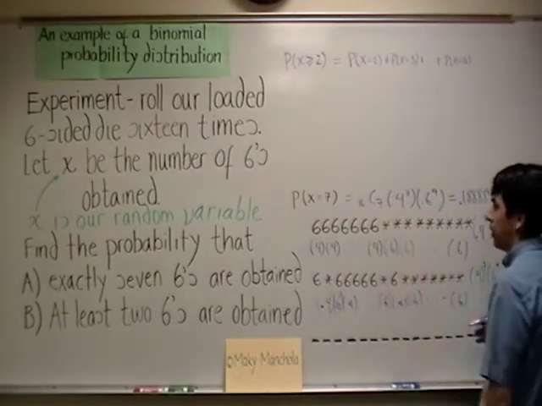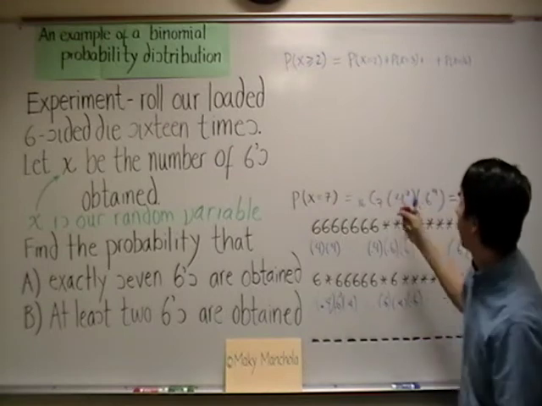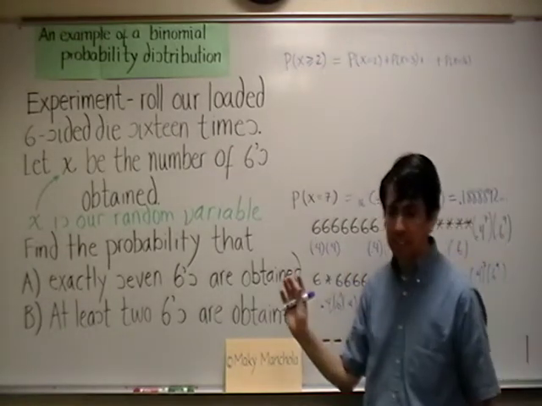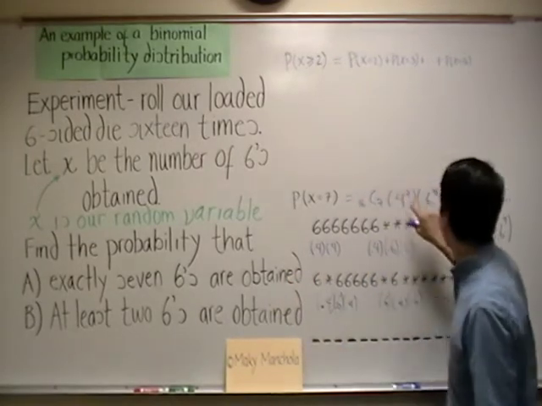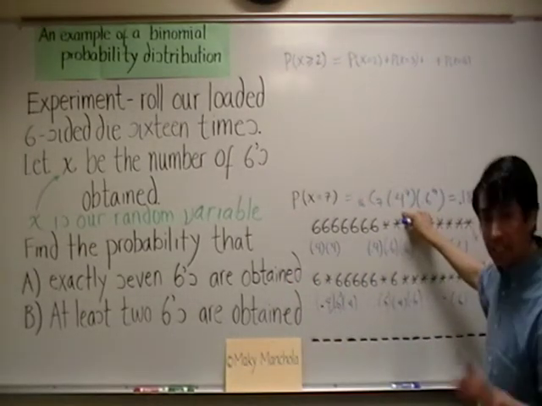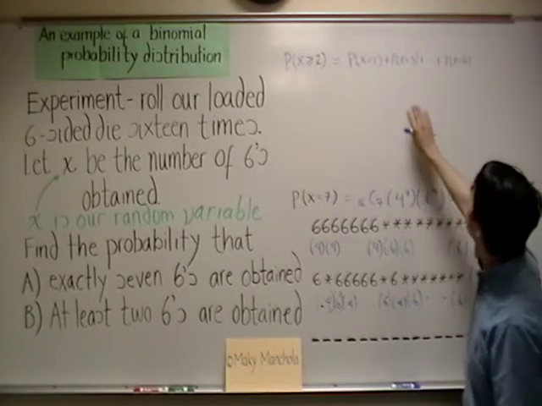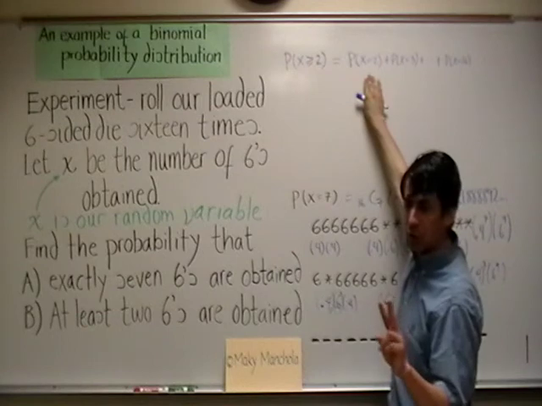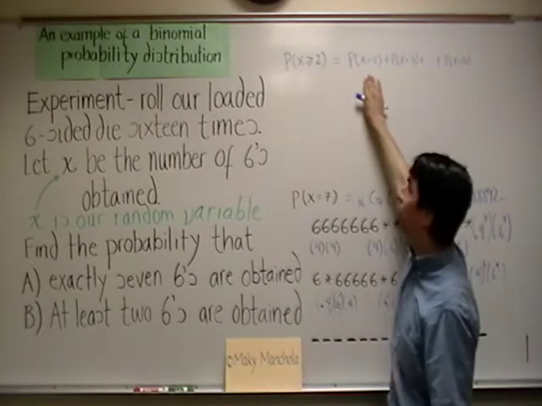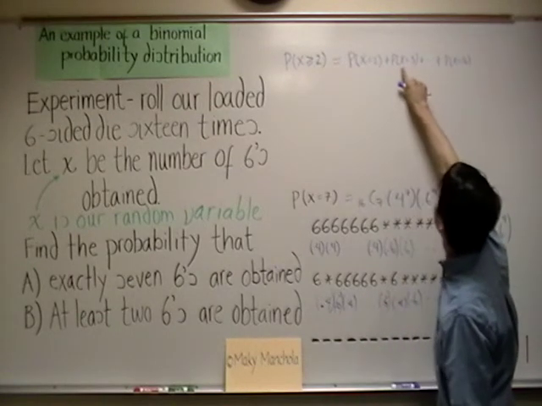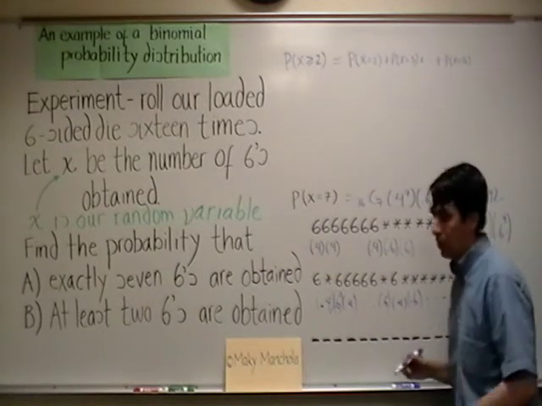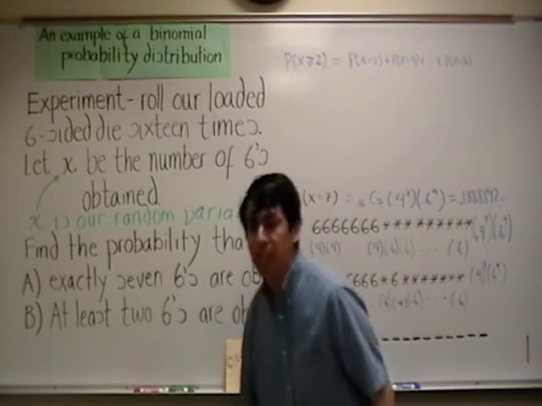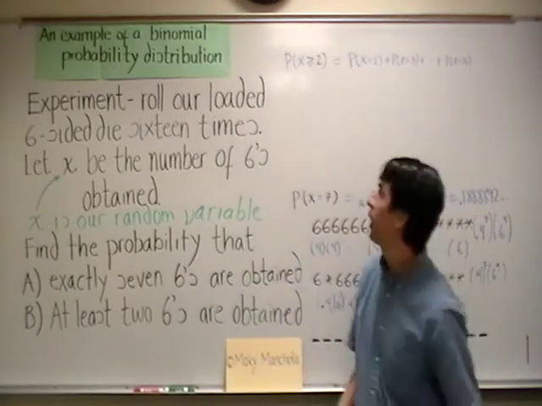For x equals 2, you have to compute the number of ways in which you can get an outcome with exactly 2 sixes, and then you have to say 0.4 to the second, because there are 2 sixes, and then 0.6 to the 14, because if you have 2 sixes, then you have 14 that are not. But then you have to do it for x equals 3, and you have to do it all the way up until x equals 16. So that is a very time-consuming calculation.